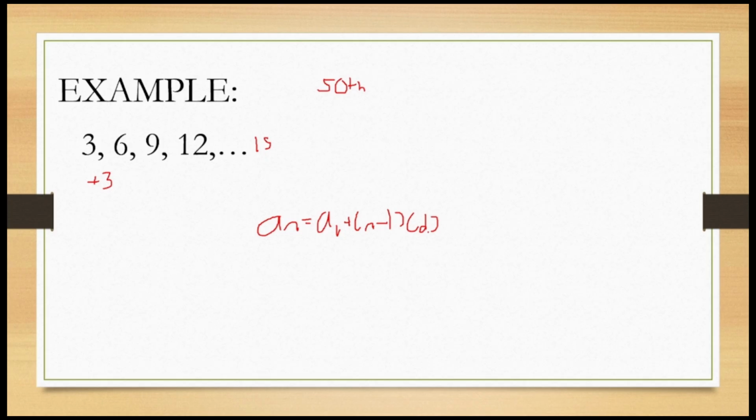So, you might be wondering, what do some of these symbols even mean? Well, a_n means the n-th term position, and a_1 means the first term of the sequence, and n means the position or the term that you are looking for.